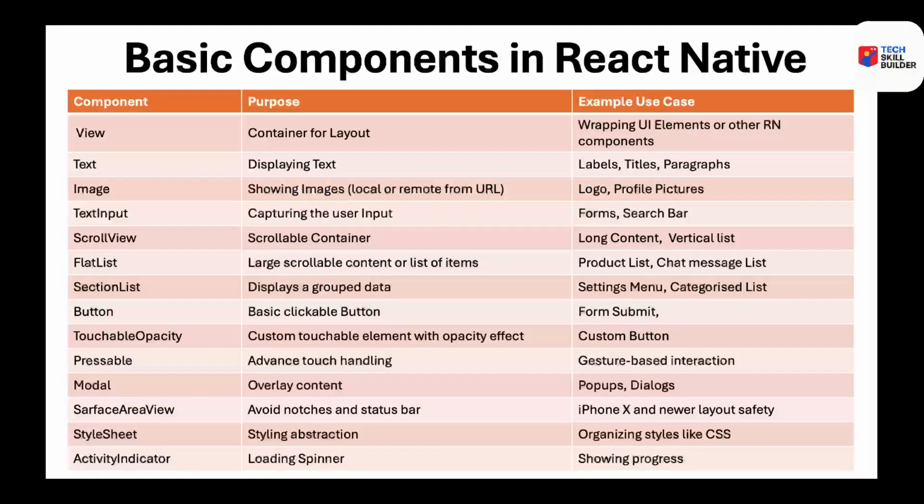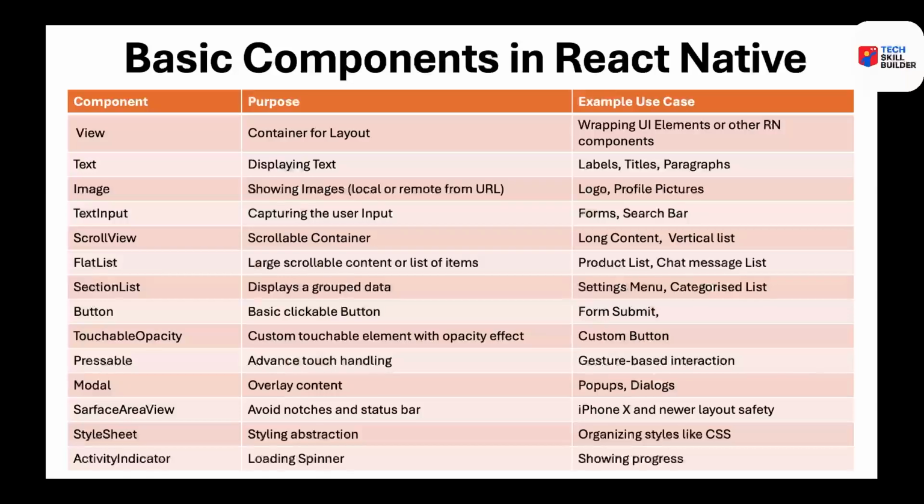Suppose there are many items in that list, then we can go for FlatList, for example a product list or chat messages. SectionList displays grouped data, like a settings menu.